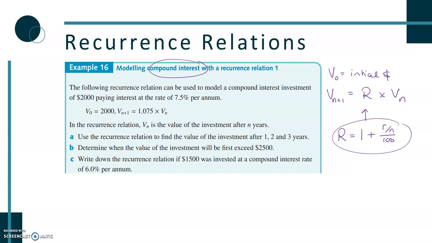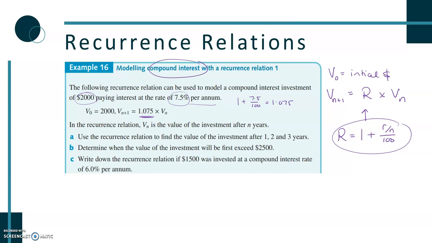So we can see we've got $2,000 as our initial amount, and an interest rate of 7.5% per annum. When it just says per annum, that means it's compounding one time per year. And so their big R value will have been found by 1 plus 7.5 over 100, so 1.075. Okay, so part A, use the recurrence relation to find the value of the investment after 1, 2 and 3 years.